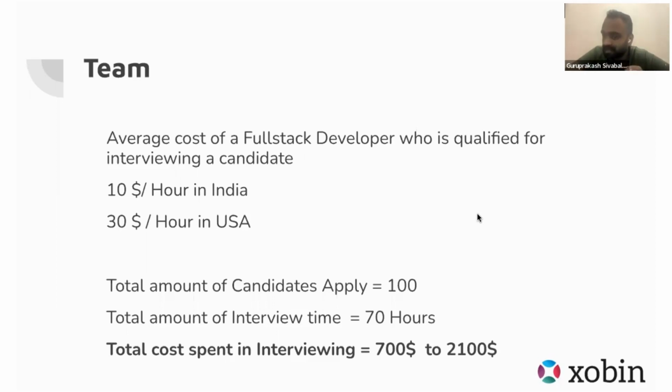Even if the VP of engineering or the person interviewing your candidate is experienced, 70 hours of your senior resource person's time is definitely going to be spent. So 70 hours times $10 or $30, that is the direct cost of your team. That is going to be spent per hire.